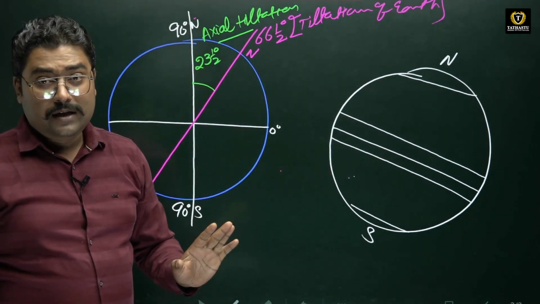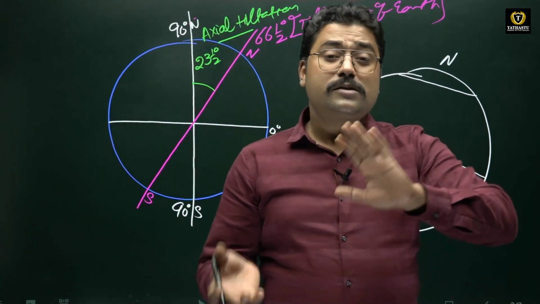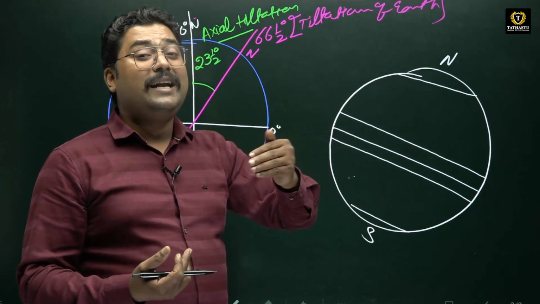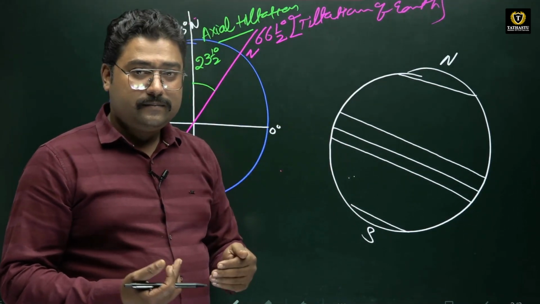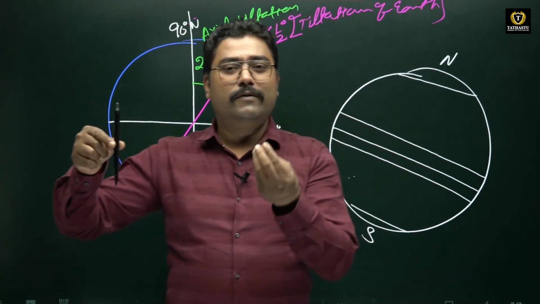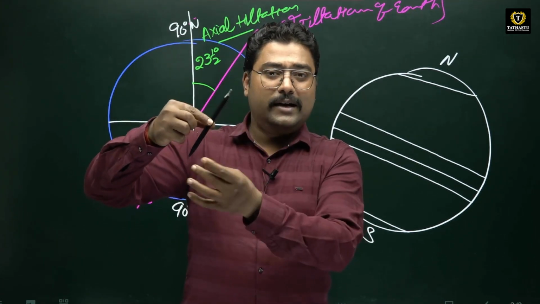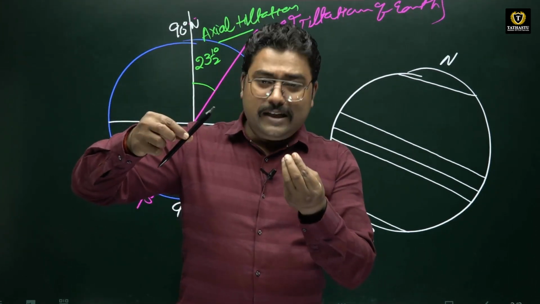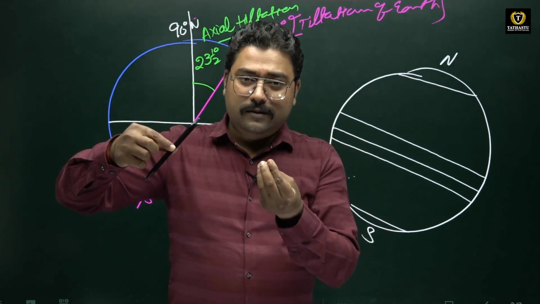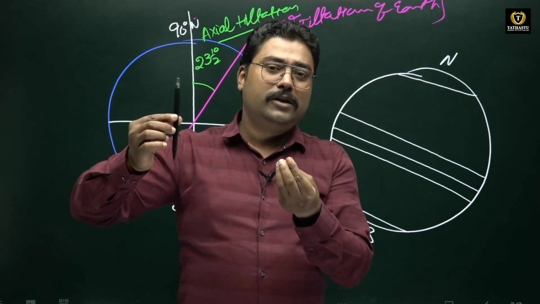Now let me show you how the Sun is migrating, or basically how the longest day and longest night is happening. So consider this as Earth and this is our Sun. This is the position, northern hemisphere and southern hemisphere. In this position, the northern hemisphere is facing the Sun directly and the southern hemisphere is away, and the northern is near.